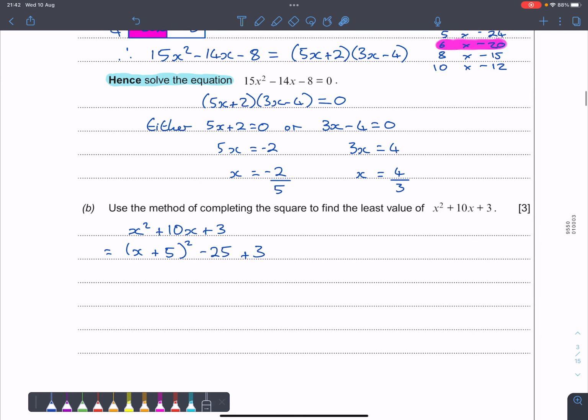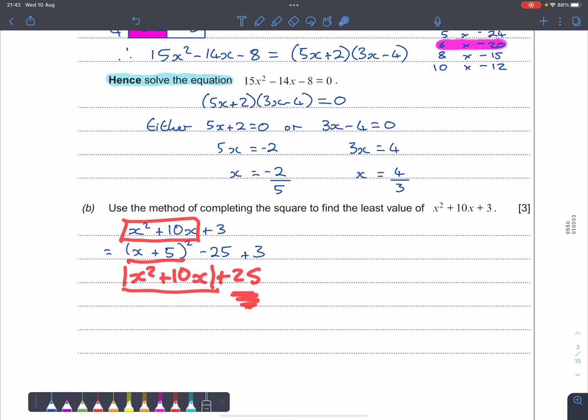The reason that works is that if I expand this bracket, I get x² + 10x + 25, which has x² + 10x, what I wanted, which is great, but I've got this plus 25. So the first thing I do is get rid of that plus 25 by taking it away, and then I put the plus 3 on that I need.